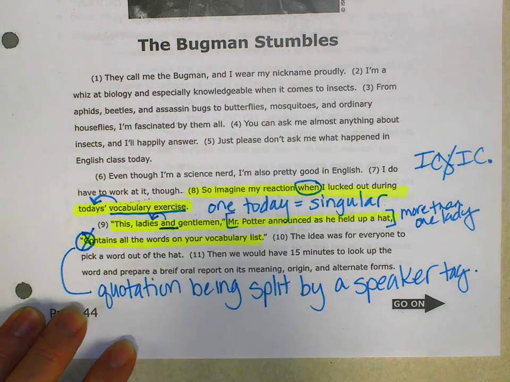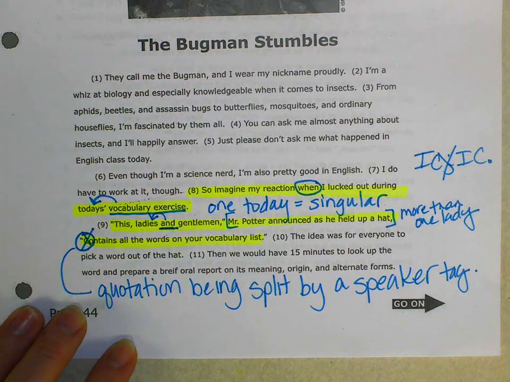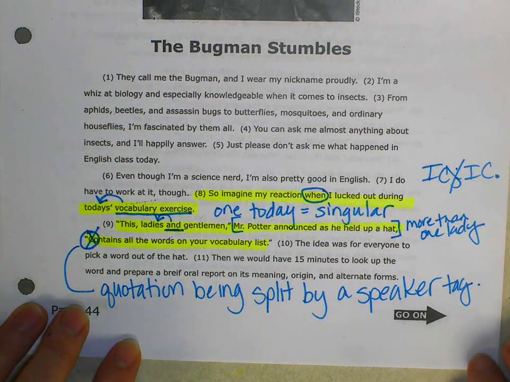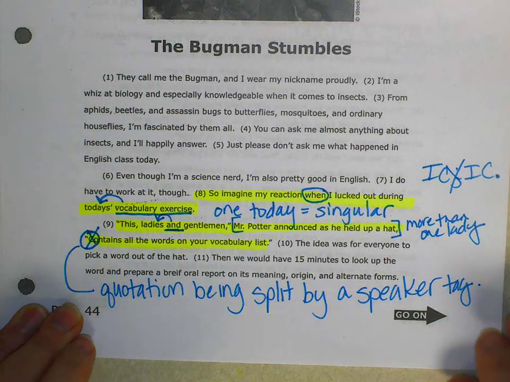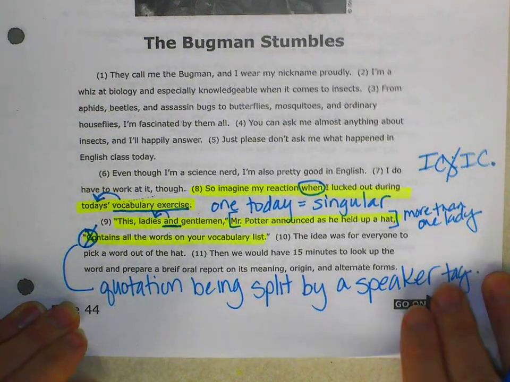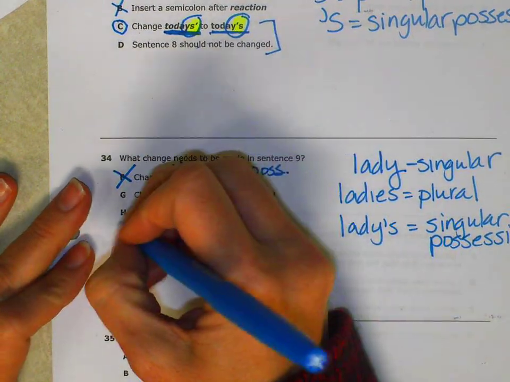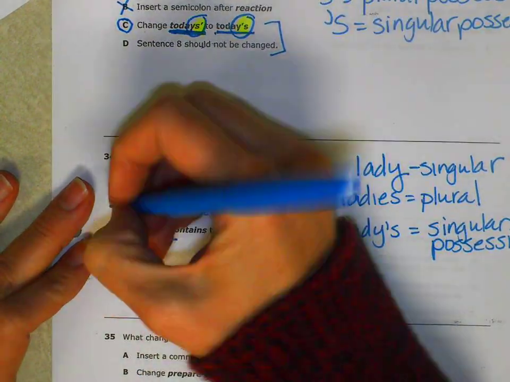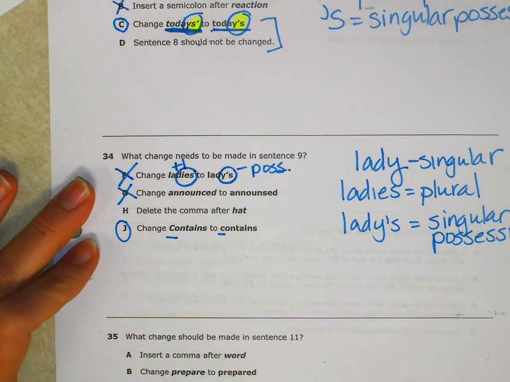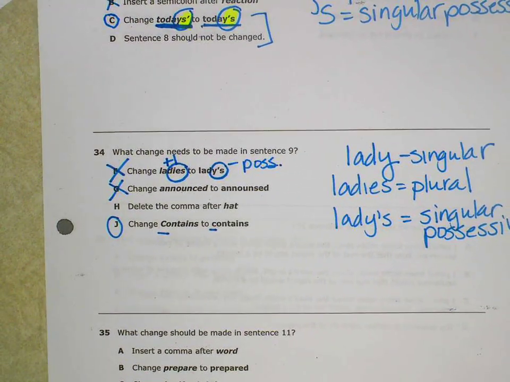Okay? I only capitalize the first word in a quotation if it's a new quotation with a new sentence. So, look, my answer is J. I could have also eliminated this one when I use the dictionary. And let's look at delete the comma after hat.